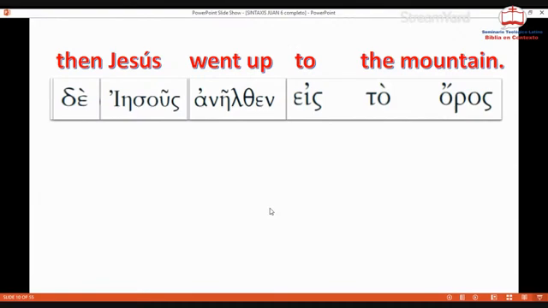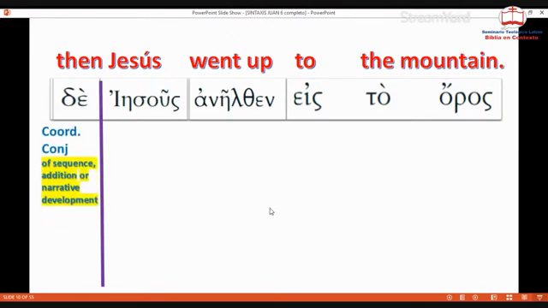Then Jesus went up to the mountain. So the first thing that we have here is the "de," that is a coordinating conjunction of sequence, addition, or narrative development. In the gospel, as it is a narrative genre, we need to understand that this allows the development.